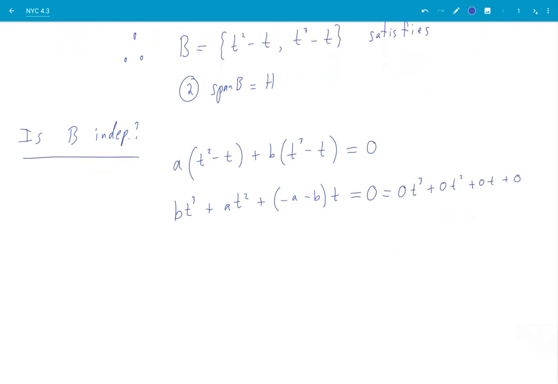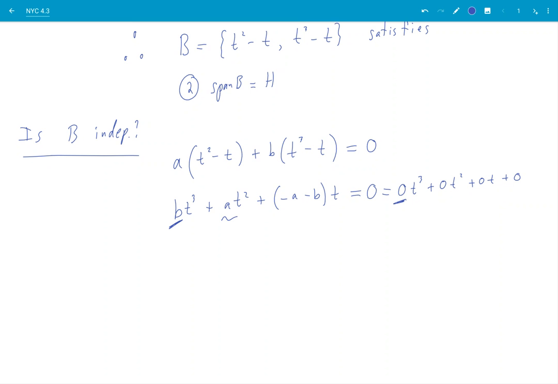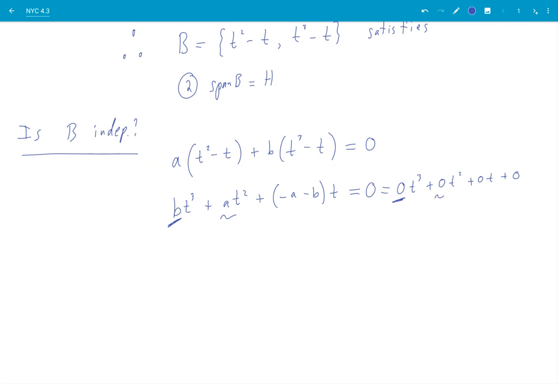So you can equate coefficients. I can equate the coefficient here with the coefficient here, and the coefficient here with the coefficient here. And then I get B equals 0, A equals 0.